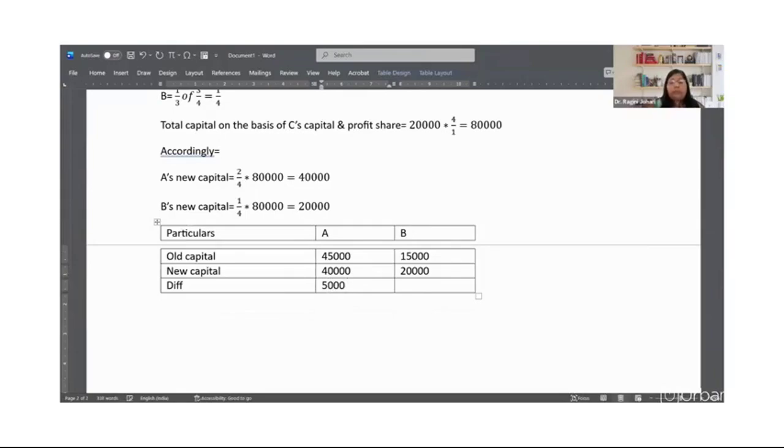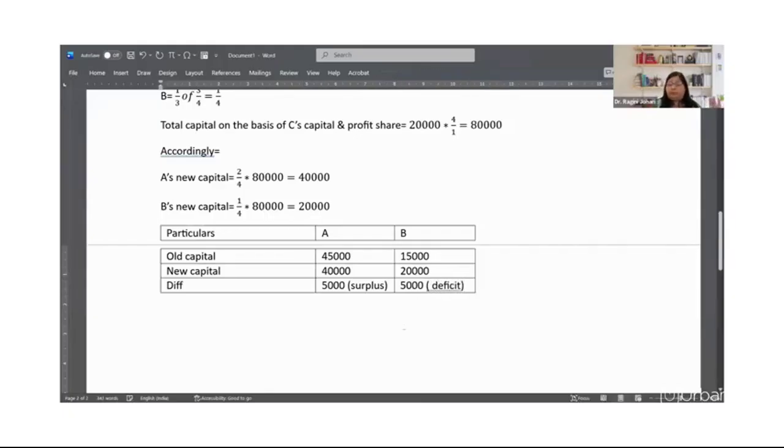So this is a surplus for A. Now let's talk about B. B is supposed to contribute 20,000 now. He has contributed only 15,000. That means here it is a deficit of 5,000 in case of B.